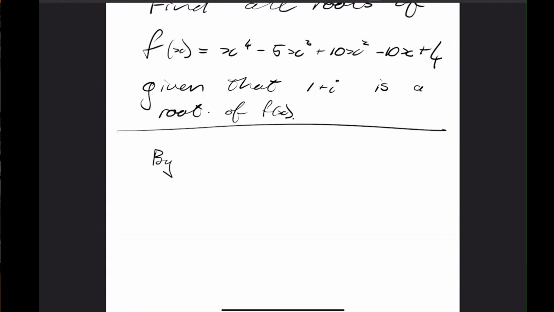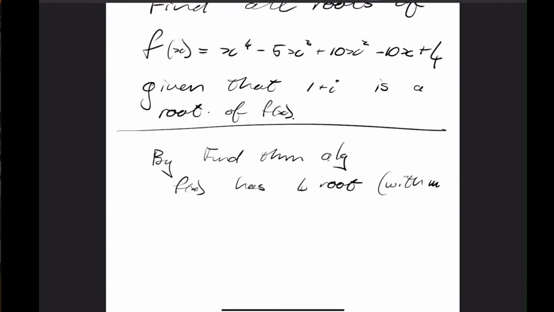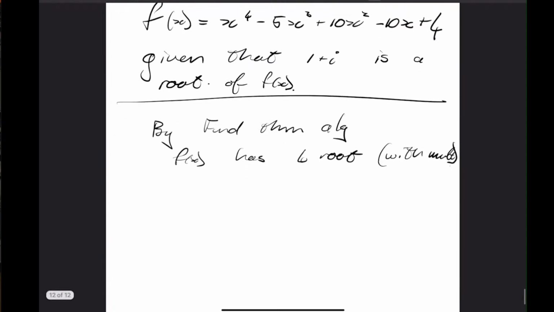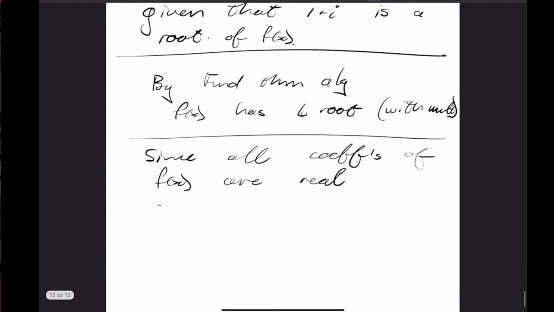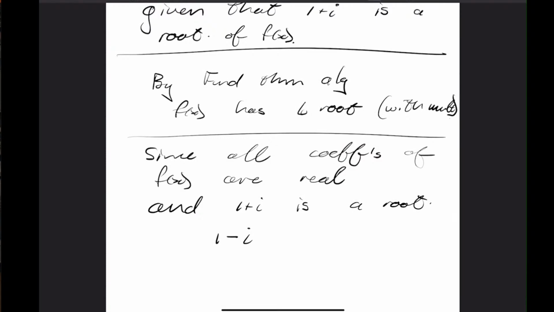So by the fundamental theorem of algebra, f of x has 4 roots with multiplicity. Since all coefficients of f of x are real, and 1 plus i is a root, 1 minus i is also a root.